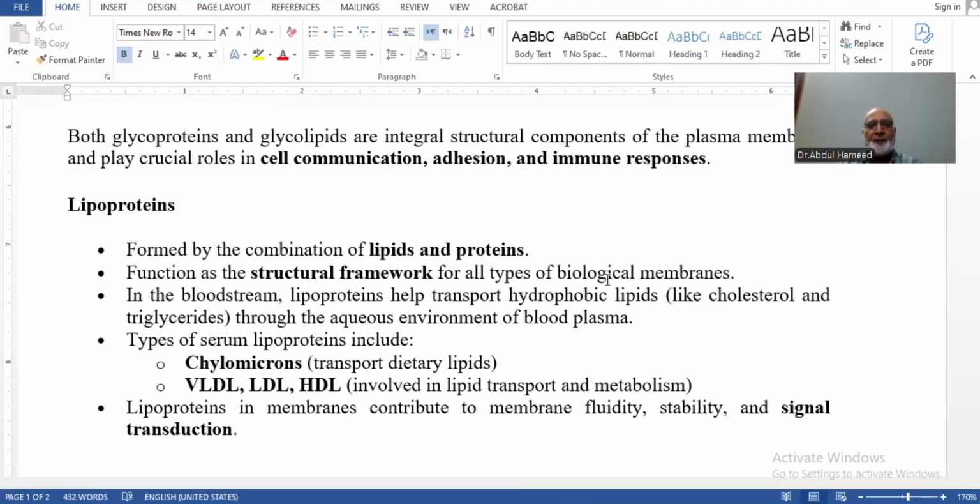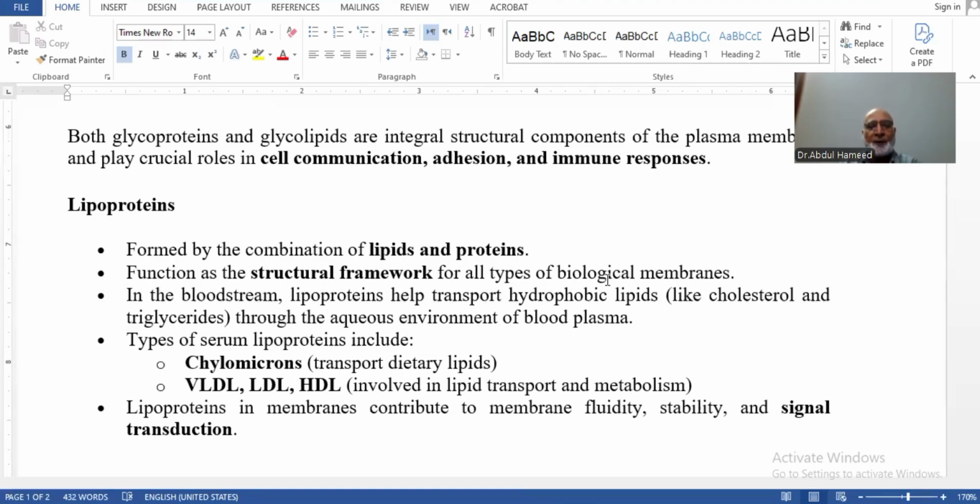In the bloodstream, lipoproteins help to transport hydrophobic lipids like cholesterol and triglycerides through the aqueous environment of the blood plasma, so that the different cells can absorb and use them properly if their function is to metabolize these molecules. Types of serum lipoproteins include chylomicrons, which transport dietary lipids.